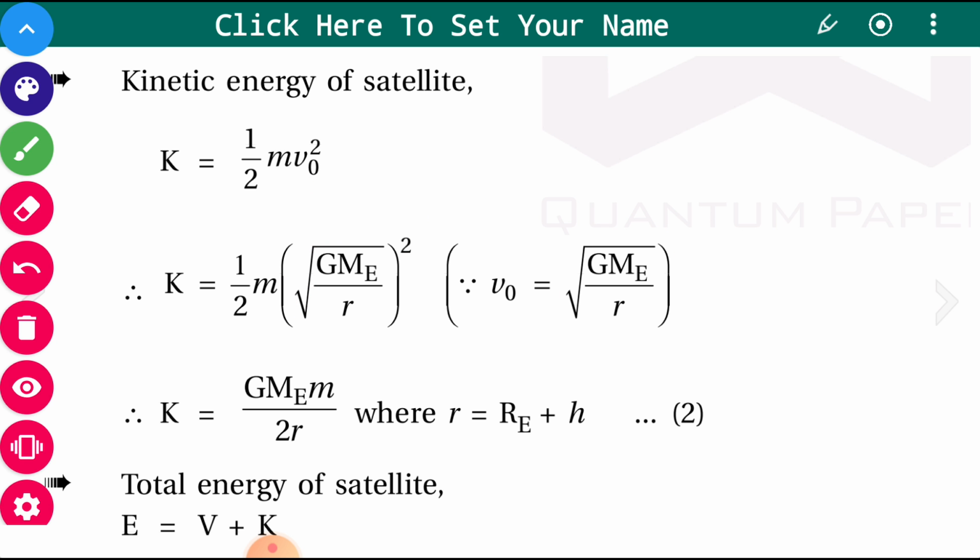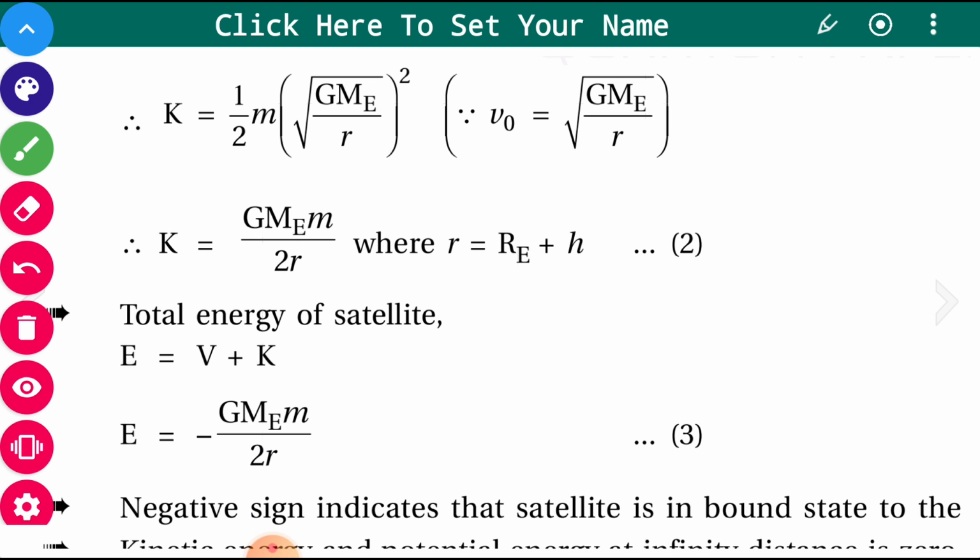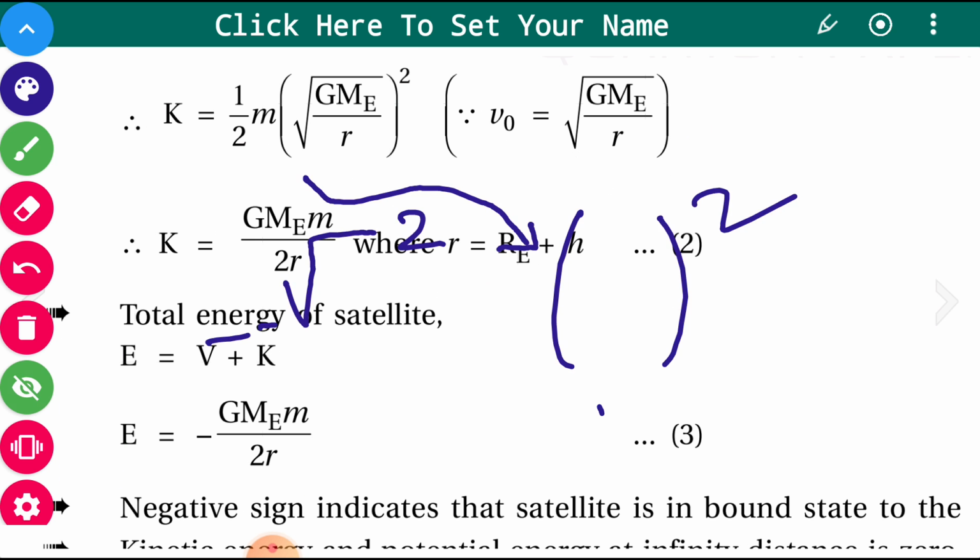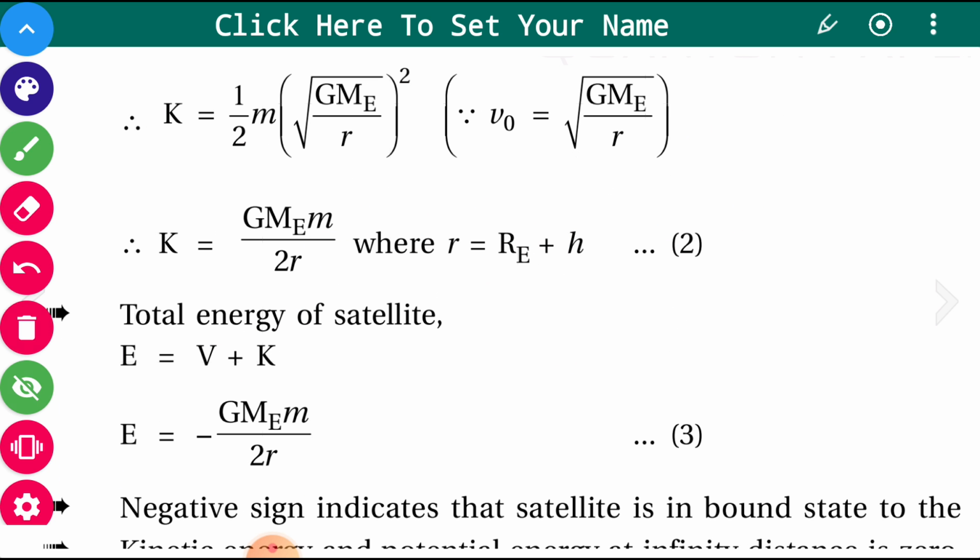So if you remove this square root and square, the kinetic energy will be G Me m upon 2r, where r is Re plus h. That is very easy to understand.